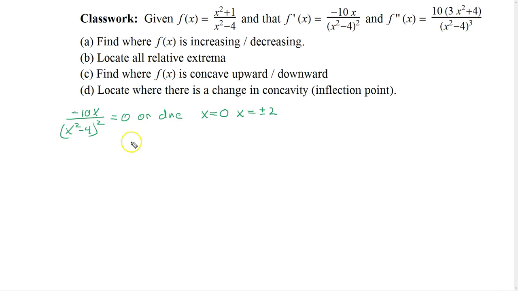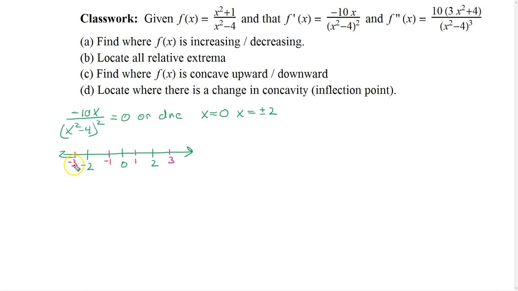Now let's set up our sign pattern and determine where our function is increasing and decreasing. And then we just have to pick some test points like negative 3, negative 1, 1 and 3, and we'll put these back into the derivative, see if they're positive or negative.